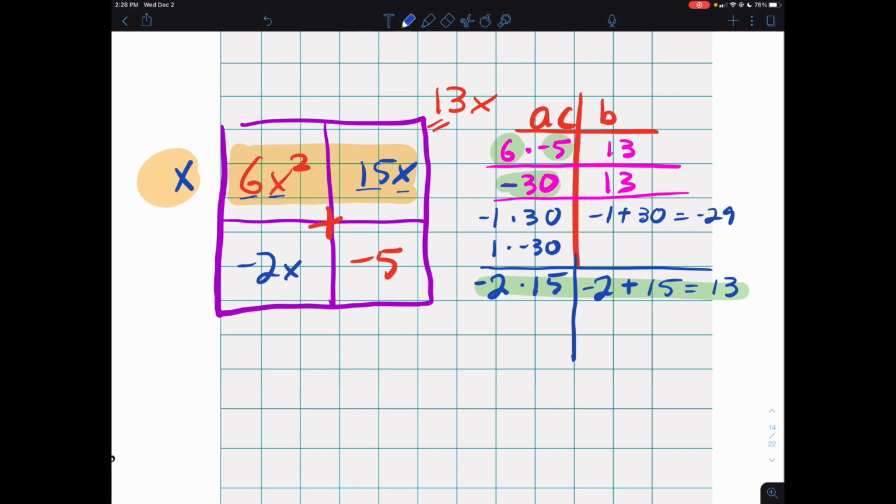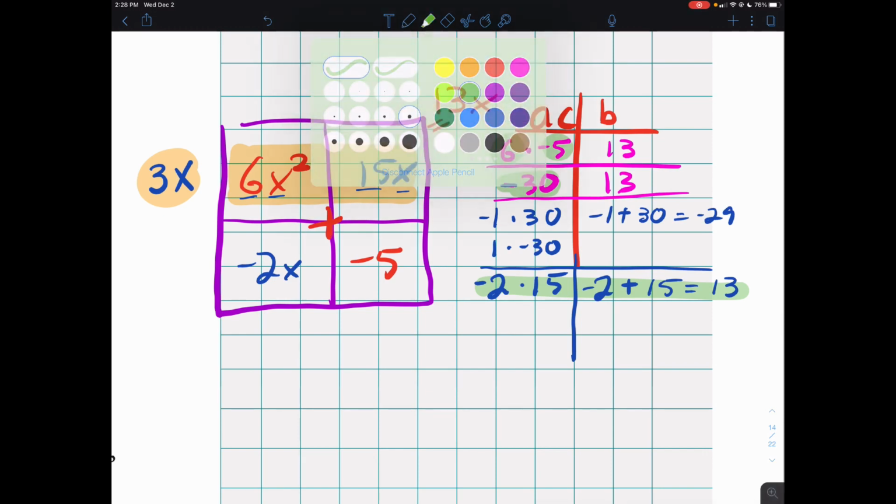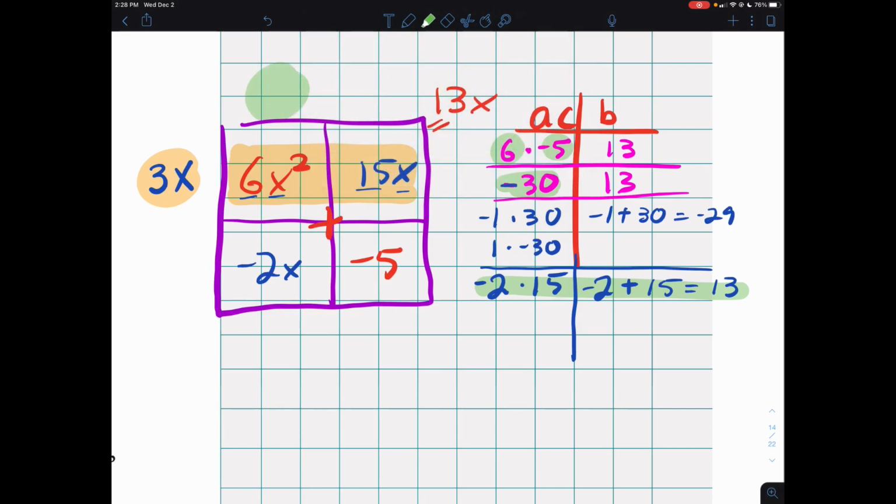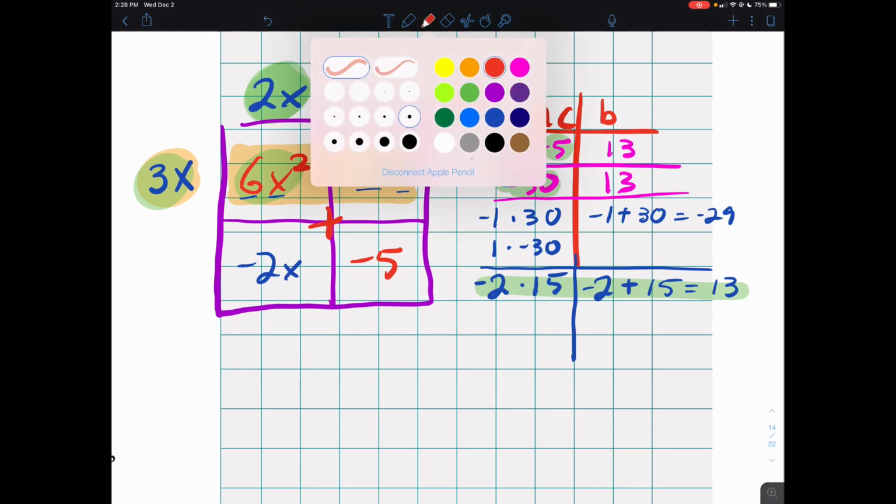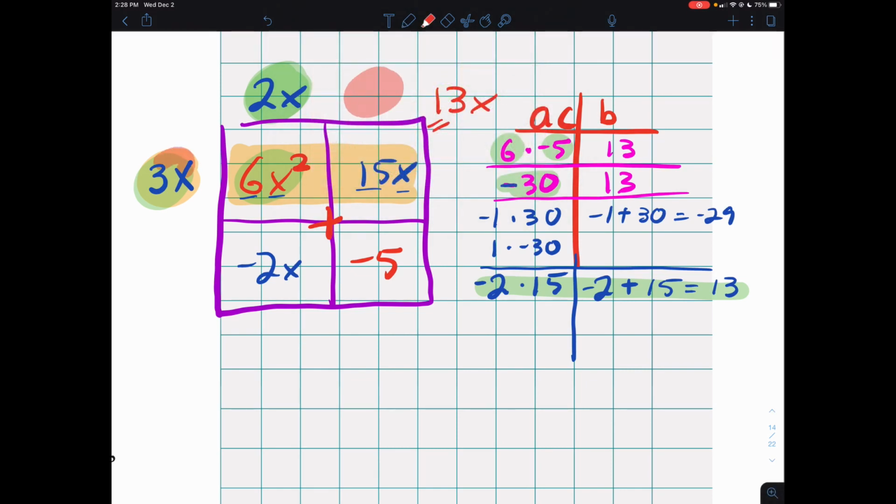Well, that number would be 3. And then, once I've got that, I can just work everything else out. What would have to go here? What times 3x would give me the 6x squared? Well, that would have to be 2x. Okay, and then what times 3x would give me 15x? Well, that would have to be 5. 5 times 3x is 15x.